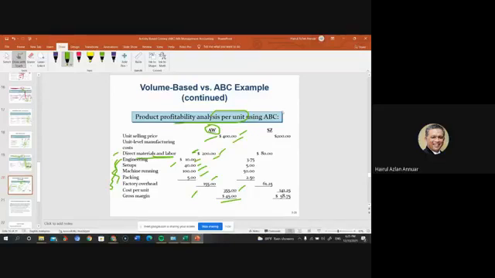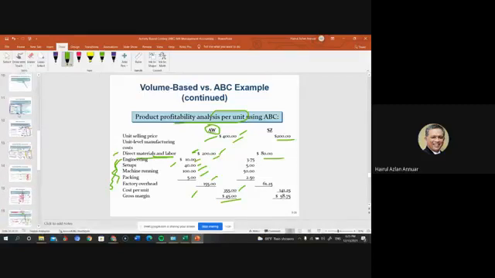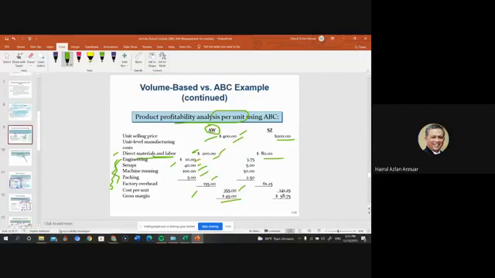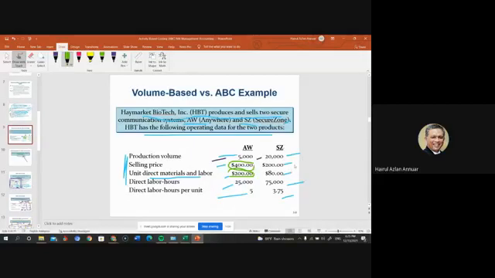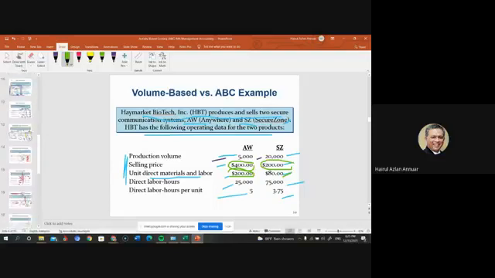For Secure Zone, the selling price is 200. Materials and labor, $80. Yeah, go back to the first slide. Question. Here. Selling price $200 for Secure Zone or SZ. And materials and labor, $80. Right?